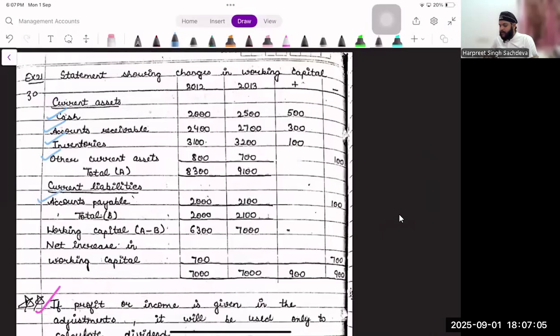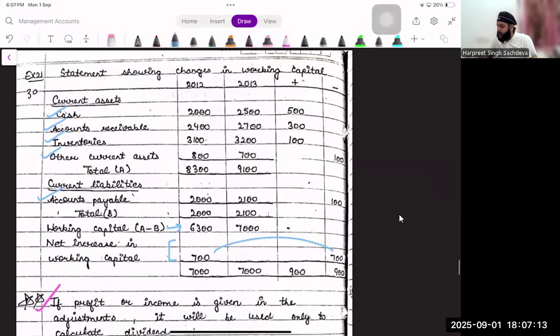And in current liabilities, we have accounts payable. So, can you calculate the full statement of working capital, then the increase in working capital? First, we'll go to the fourth column, increase or decrease as per plus and minus, yes or no? Easy? There is nothing to discuss in this, you just need writing time. Everyone, yes or no? Needs any discussion? Yes or no?